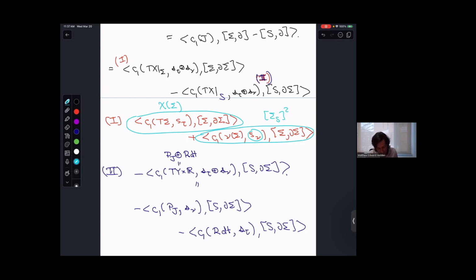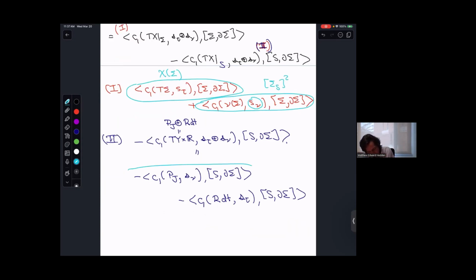and realize that, because I've chosen that Seifert framing, this is none other than the self-intersection of the capped off surface. On the other hand, in this second term, this is the relative Chern class of a plane field on the boundary relative to the Seifert framing. So you would think this is going to be negative the self-linking of that transverse knot on the boundary.